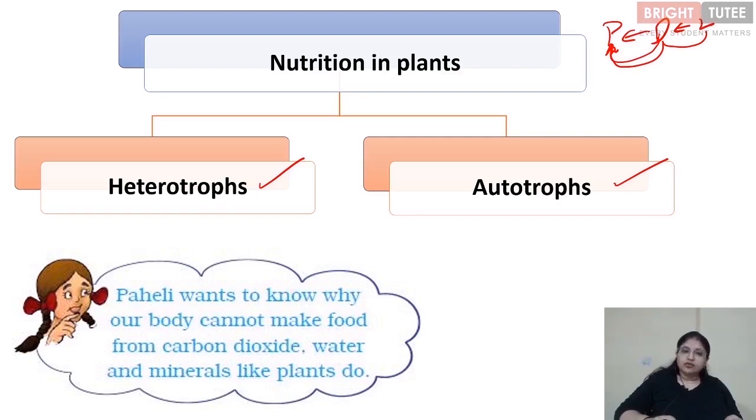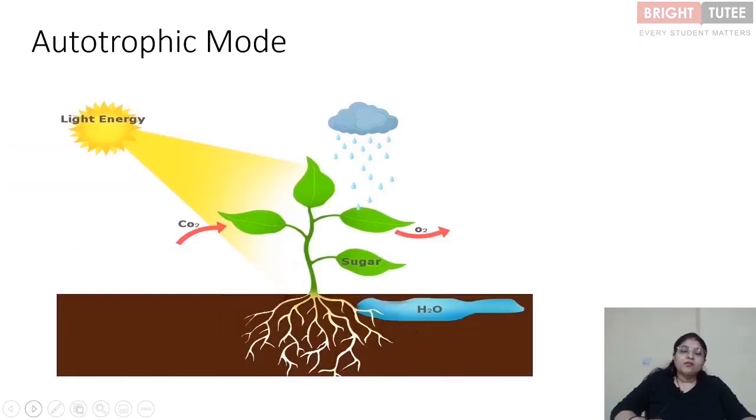Now, coming back to the question, Paheli asked why we cannot make food like plants do. The answer to this question is that we are not able to synthesize our own food because of the lack of this green color, right? This green color is present in the plants because of a pigment called chlorophyll.